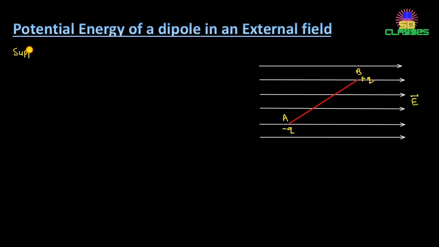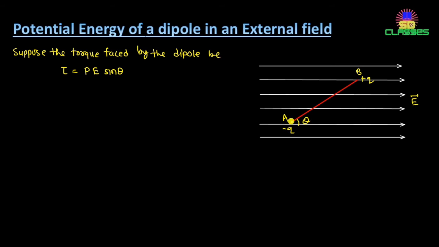Suppose the torque experienced by the dipole be tau equals pE sine theta. So what is theta? Theta is the angle between your dipole moment and the electric field. So the dipole moment is in the direction of AB, and the electric field is in this direction. Okay, so the angle between them is theta.